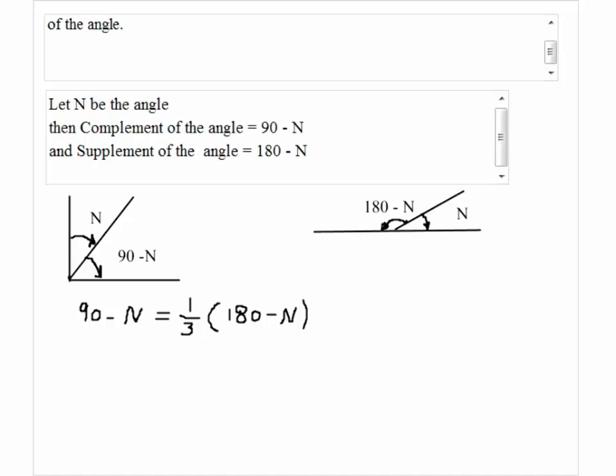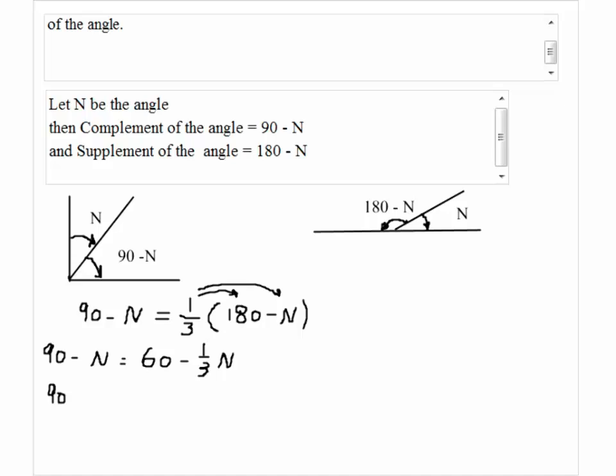So we solve this equation for n, and here we can distribute the 1/3. We have 90 minus n is equal to 1/3 times 180, which is 60, minus 1/3 n.